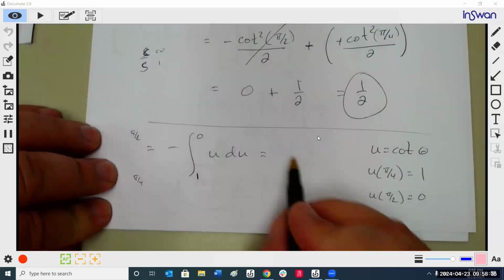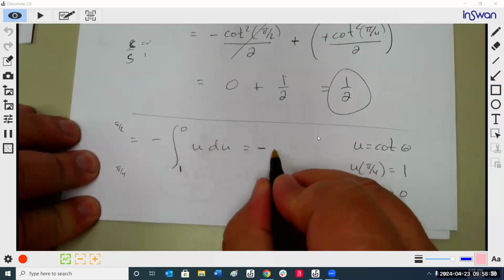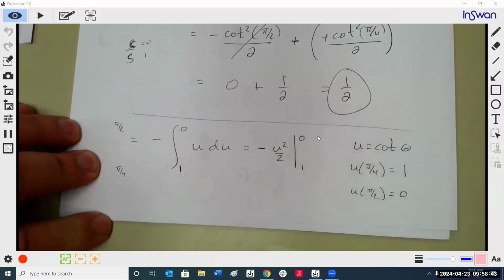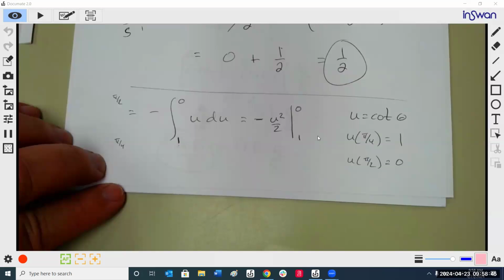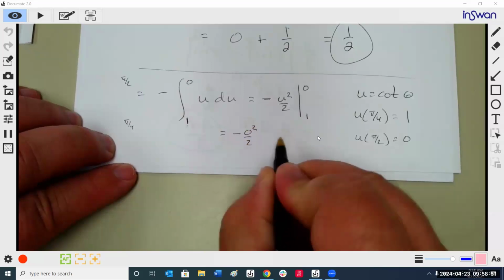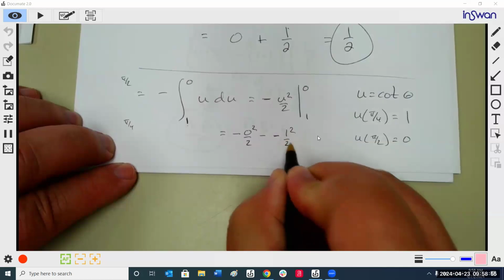So let's see what happens here. The integral of u is u squared over 2 from 1 to 0. So we have negative 0 squared over 2 minus negative 1 squared over 2.